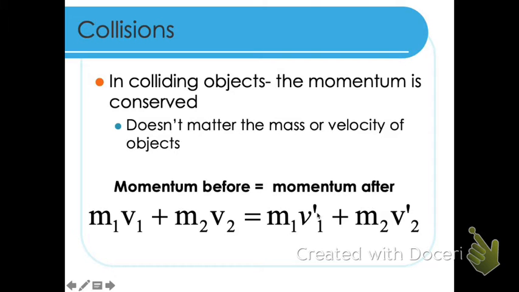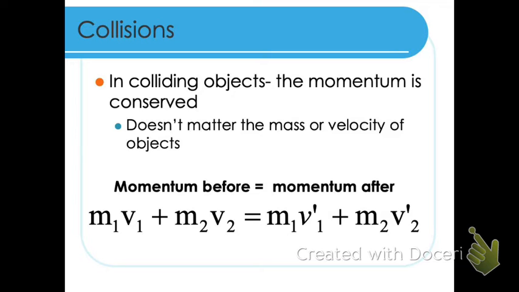The 1 just means of object number 1, and the 2 means object number 2. It doesn't mean before and after, right? 1 means of object number 1, 2 means object number 2, prime means final, right? So you could have put an F there for final, but the way you'll see this equation written in most textbooks is with this prime symbol, okay?